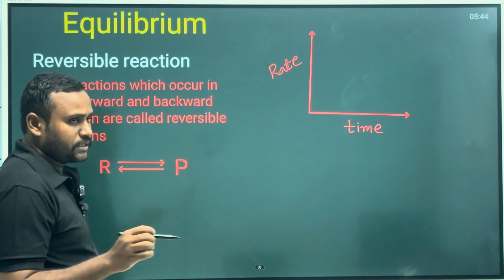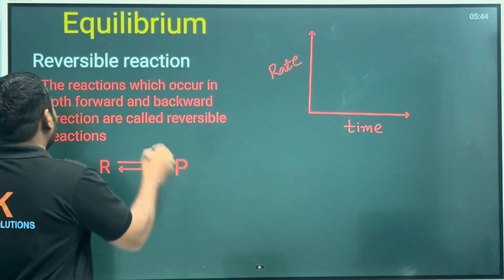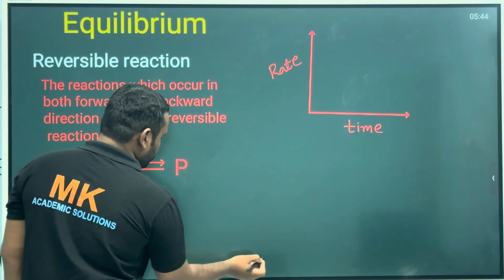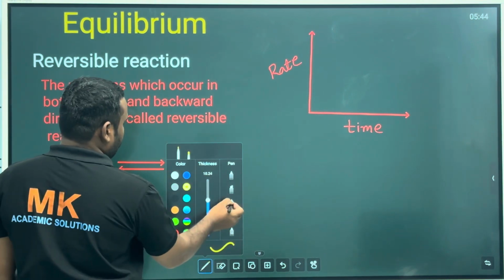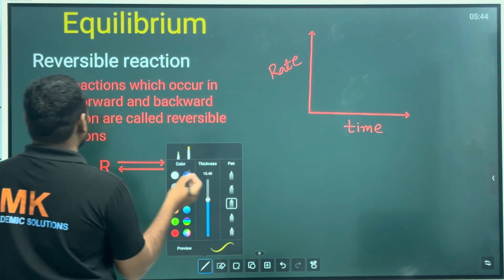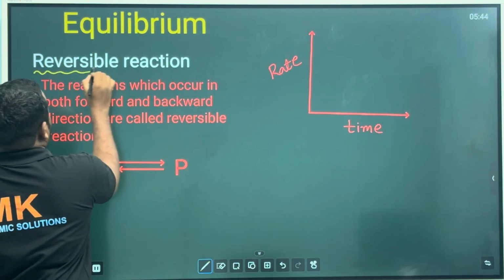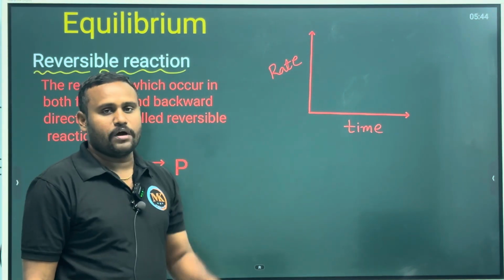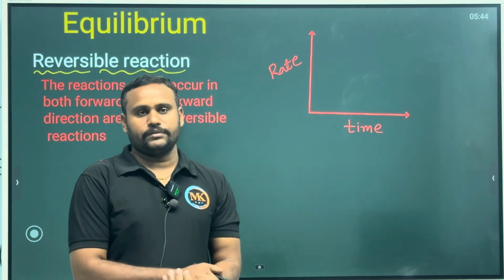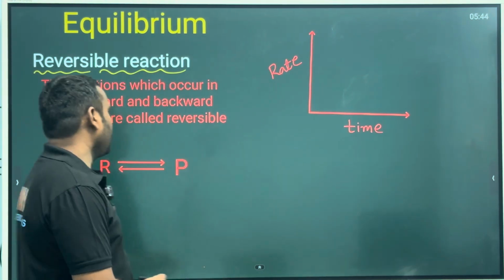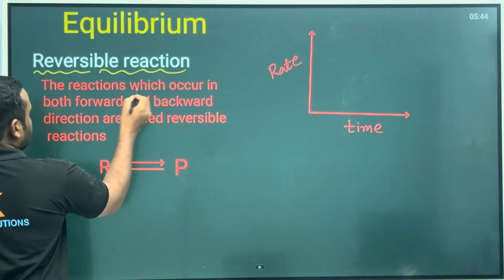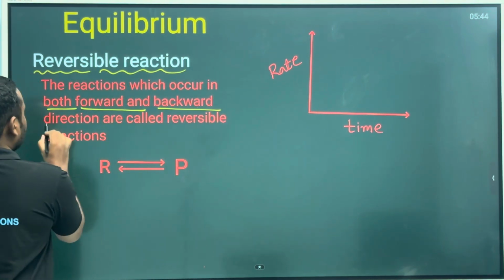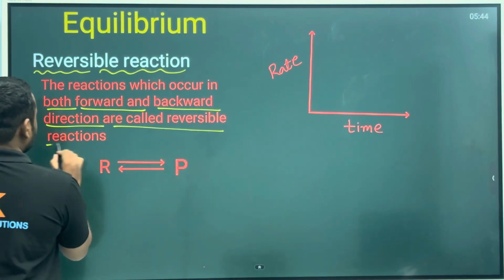Before we discuss equilibrium, let us recap what a reversible reaction is. A reversible reaction means a reaction which occurs in both forward and backward directions. So the reactions which occur in both forward and backward directions are called reversible reactions.